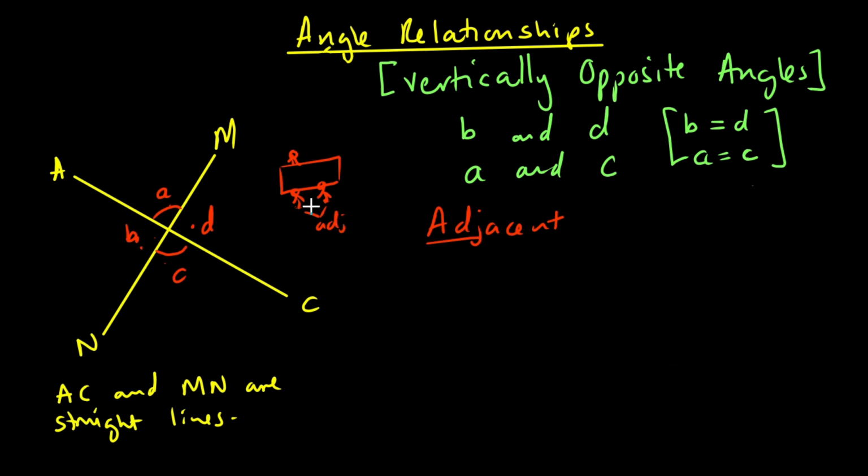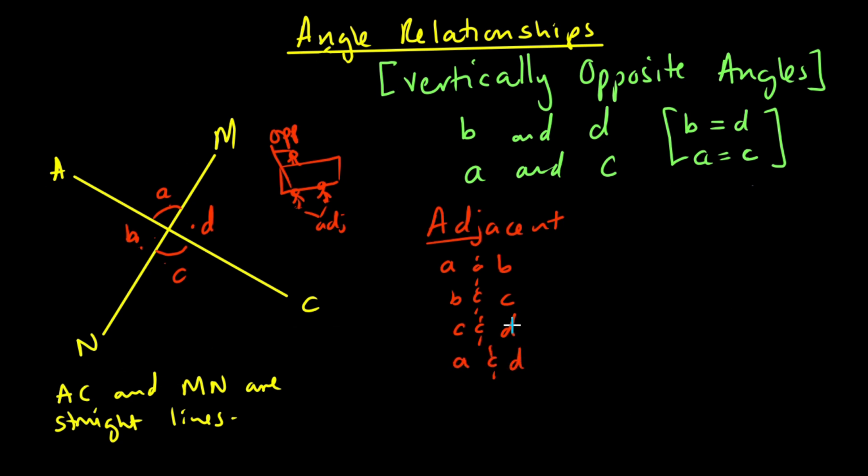But these two guys are opposite. Adjacent means next to each other, but opposite means that the other one is on the other side. So for the adjacent angles here, A and B are adjacent because they are next to each other. B and C are also adjacent. Then C and D are also adjacent, and A and D are also adjacent.